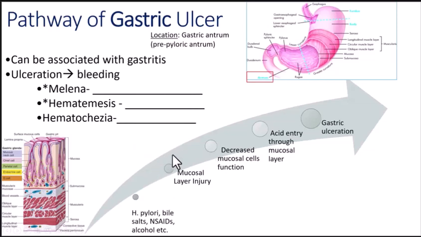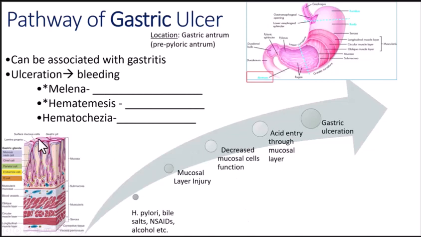But in any case, when we have injury to this mucosal layer, we're going to have a reduction in the function of one or more of these cells, including the mucous neck cells that produce mucus that act like a barrier or a coat along the stomach lining.